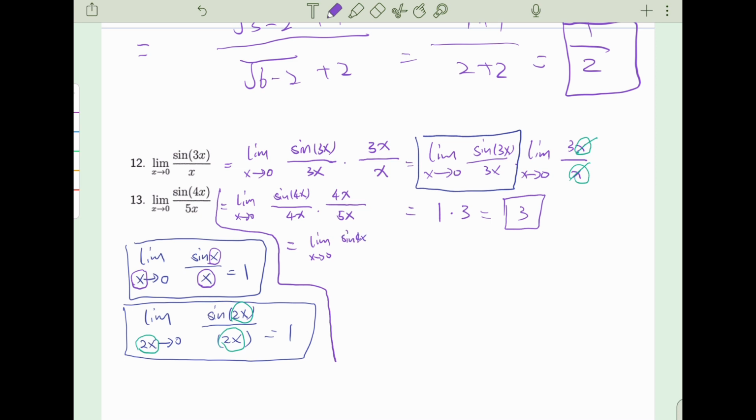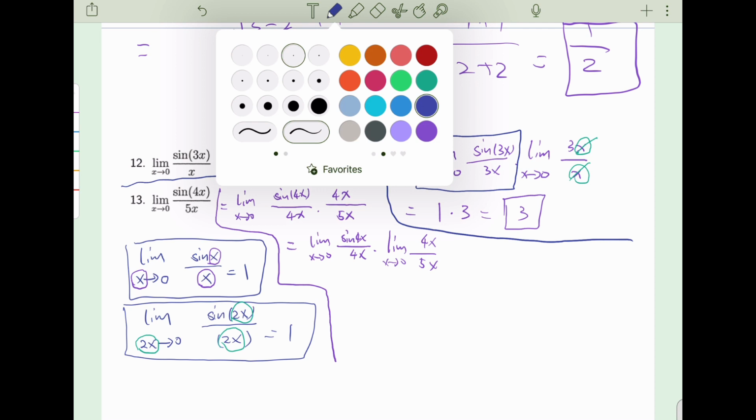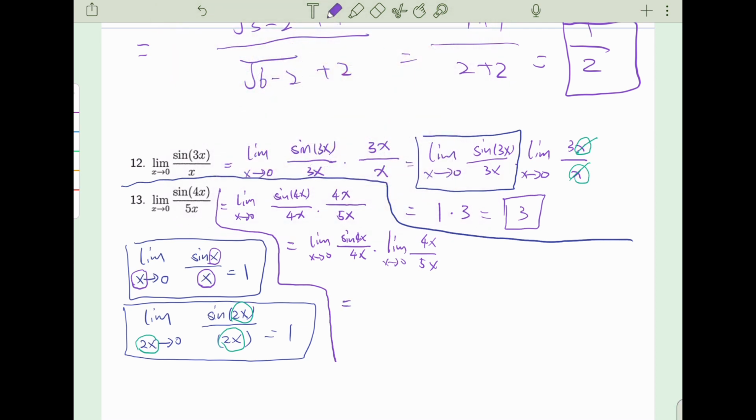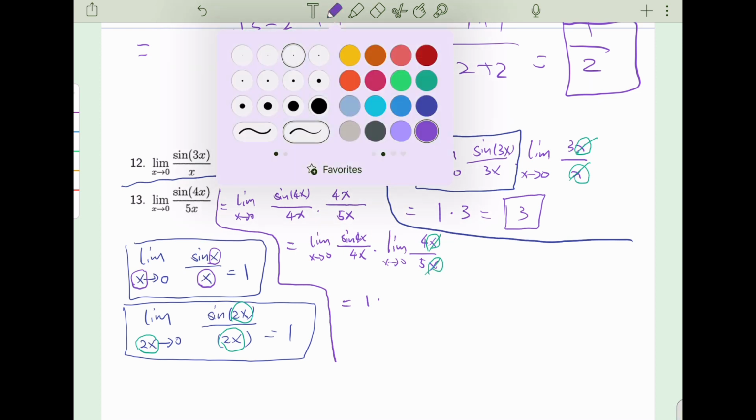Sine 4x divided by 4x times limit x goes to 0, 4x divided by 5x. That is equal to 1 again times the other one. Get rid of this x. I have 4 over 5.